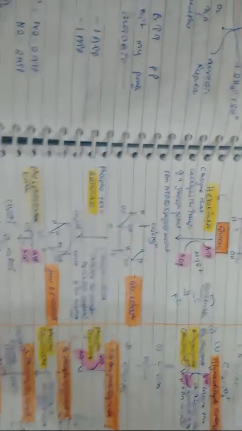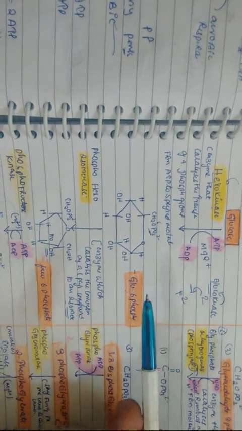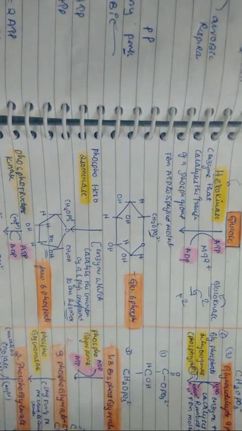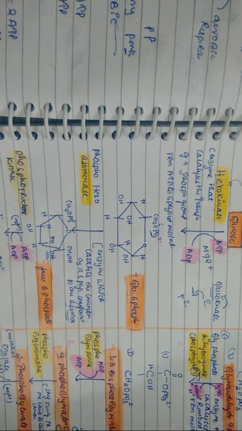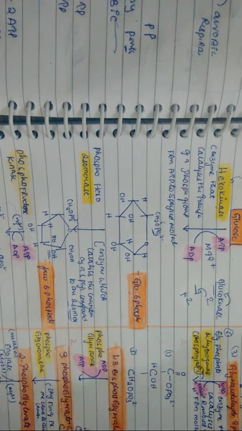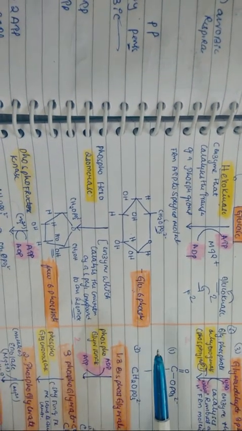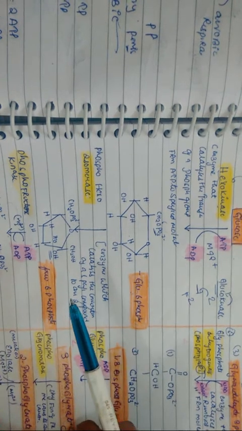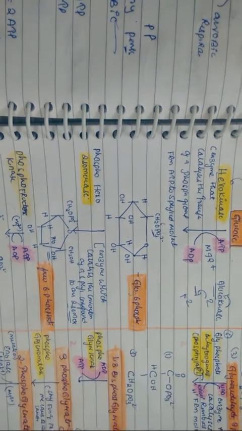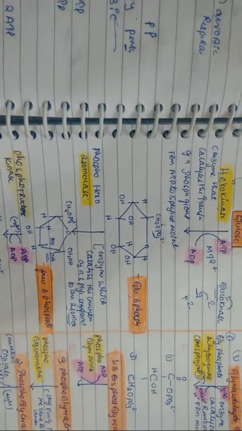This glucose 6-phosphate is converted to fructose 6-phosphate. The name itself is telling: glucose 6-phosphate has just converted to fructose 6-phosphate. There is no addition of phosphate, there is nothing added.